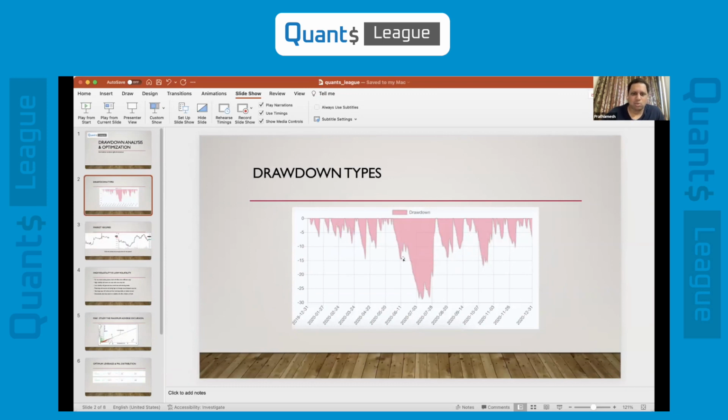Now, if I have a fixed rule, such as you just stop running your system if it's 2x of your max DD. So my previous max DD was 10-15%. So 2x would be 30. I would end up stopping the system at the worst possible time if I stopped it here. That's precisely where it turned back from.